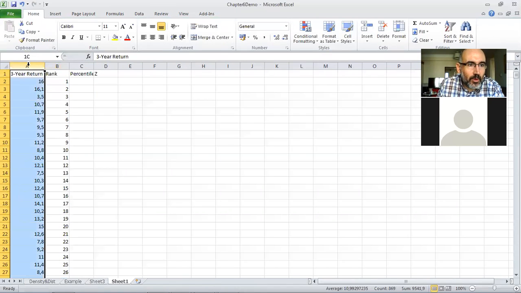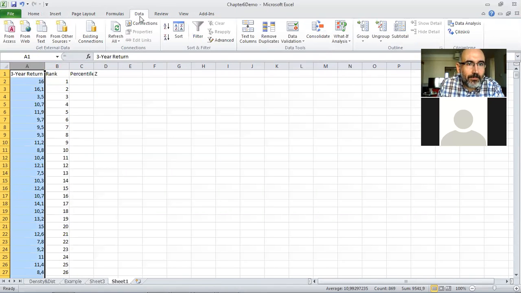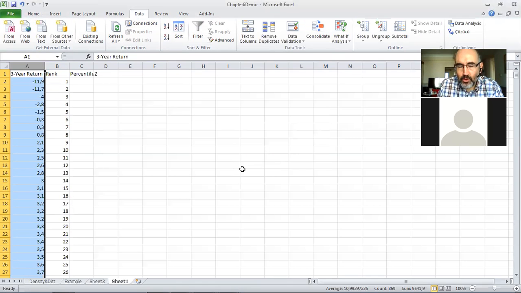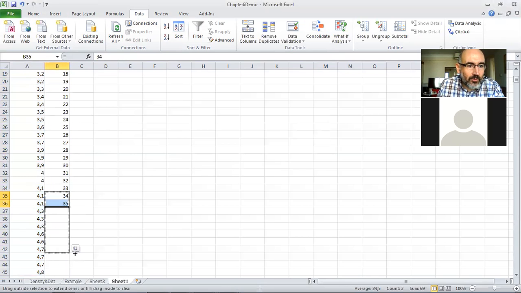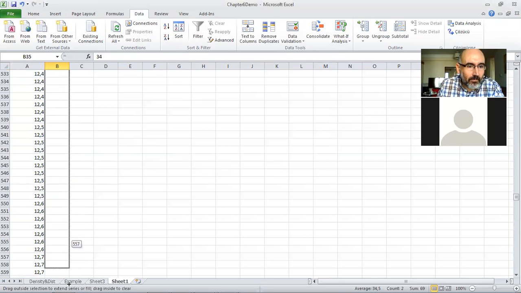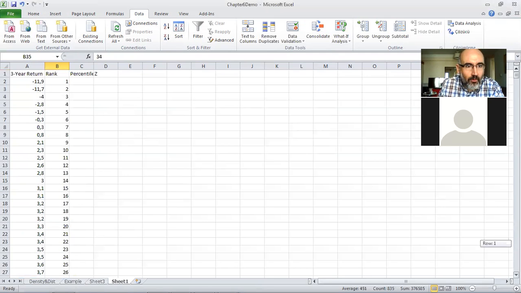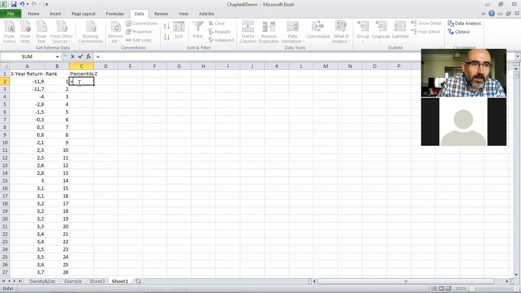Wait a minute, let's first do a sort from lowest to highest. Then let's continue with the ranking. So 869. Conversion to percentile, 868 plus 1.